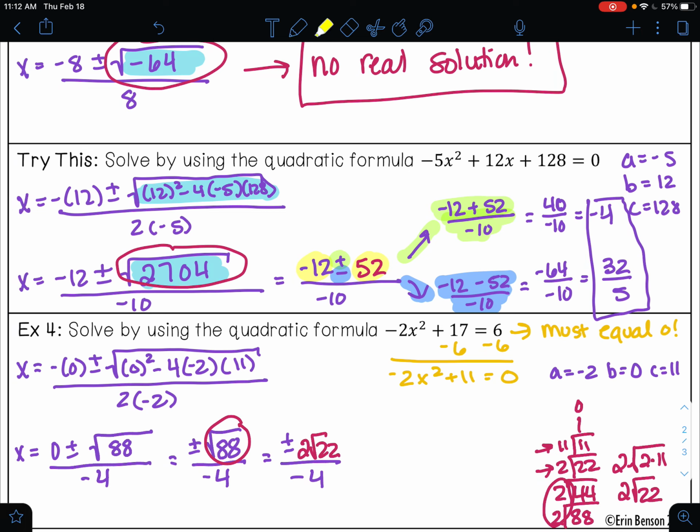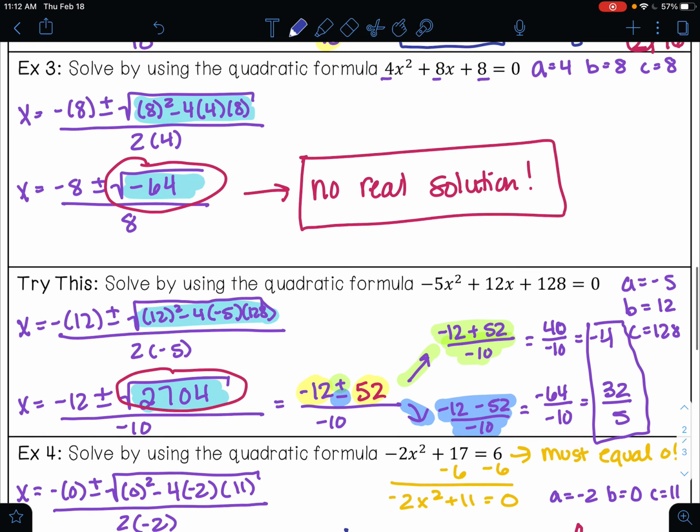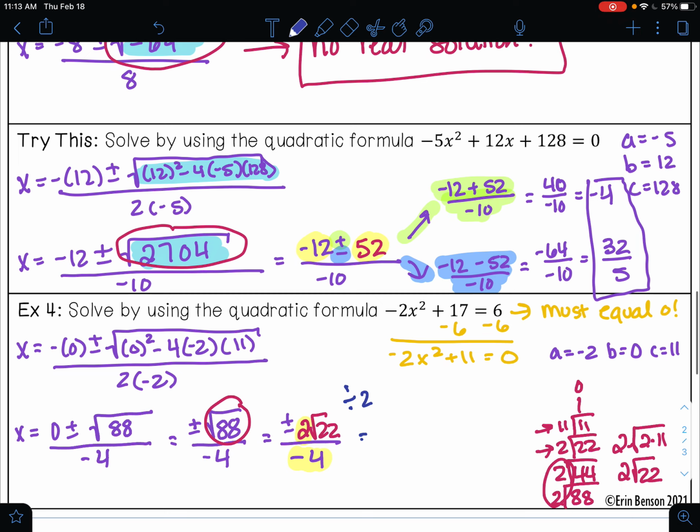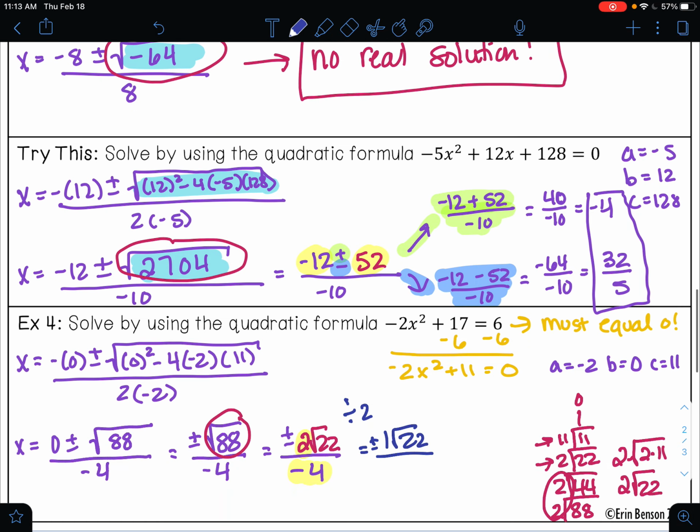Now we're on step 5, and we want to simplify if possible. Well, I can reduce 2 and negative 4. And I can reduce them by dividing by 2. And so when I do that, 2 divided by 2 is 1, and negative 4 divided by 2 is negative 2. So your answer is plus or minus the square root of 22 over negative 2.